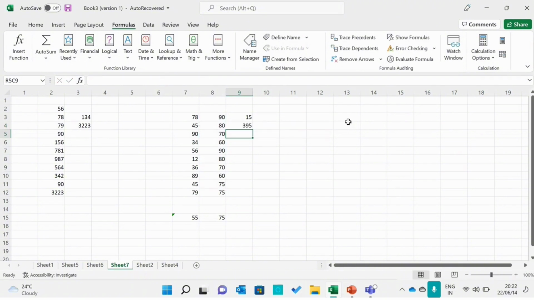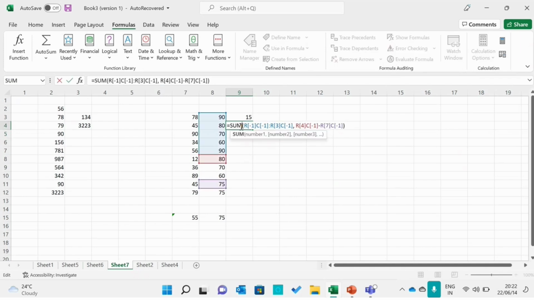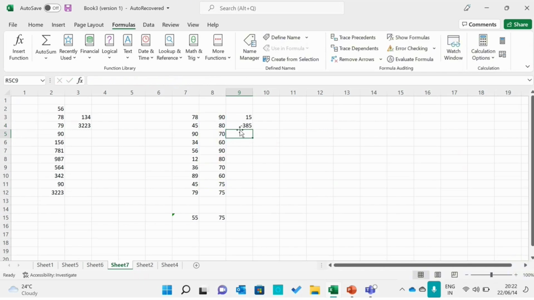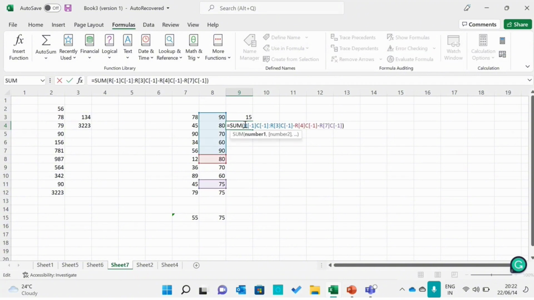Close the bracket and I will get the exact sum and minus of this. If you even see the formula that is being used, you will get a minus 385 here, right? So depending on what your use is, you can actually do sum and subtraction together, right?